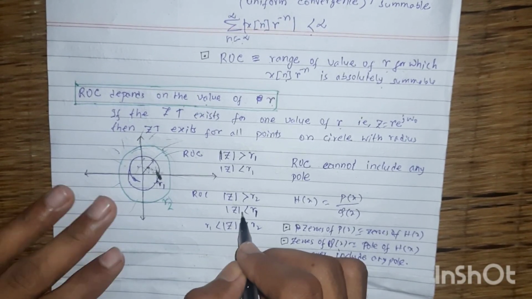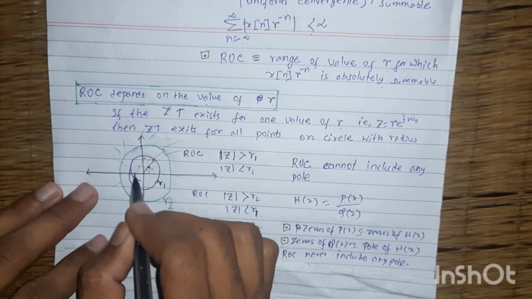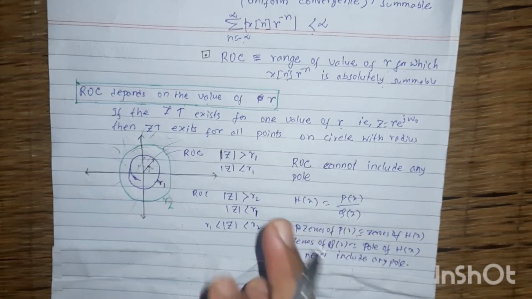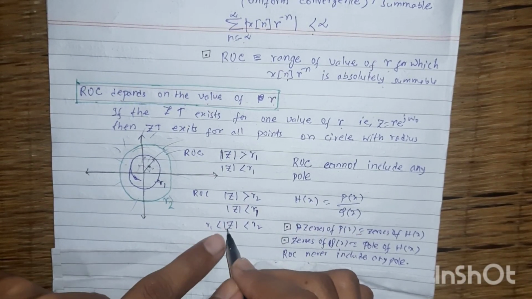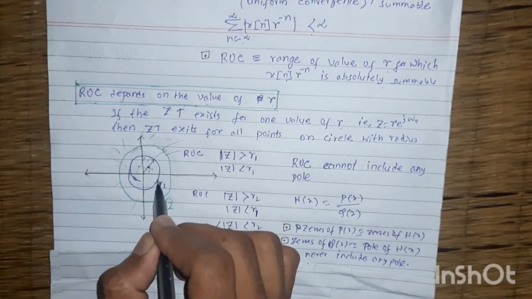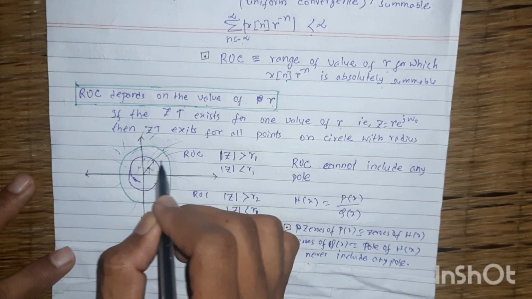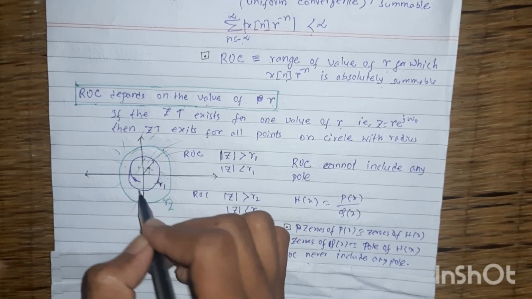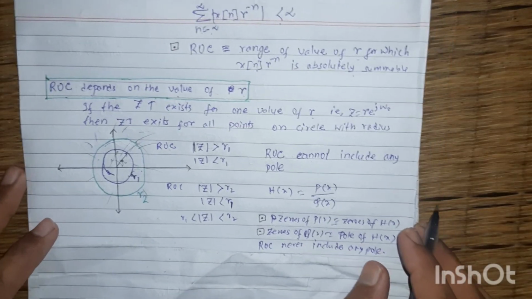Or modulus of z less than R1 means inside this small circle. These are the possibilities. Or modulus of z can be greater than R1 and less than R2, meaning in between these two circles can be the region of convergence.